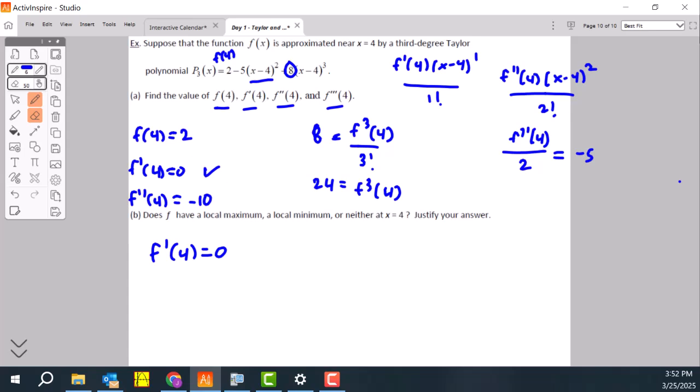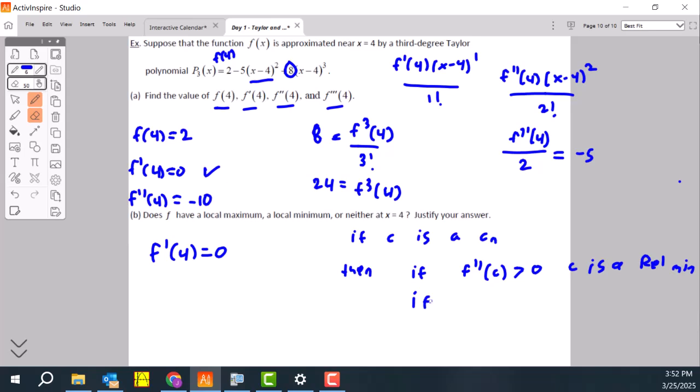Instead, we have another test that we used around the same time of when we learned that also found relative extrema. It was the second derivative test, which said if c is a critical number, which means the derivative is 0 or undefined, then if the second derivative at c is positive, it's a relative min. c is a relative min.